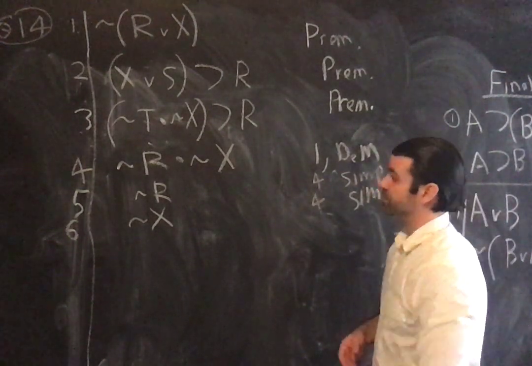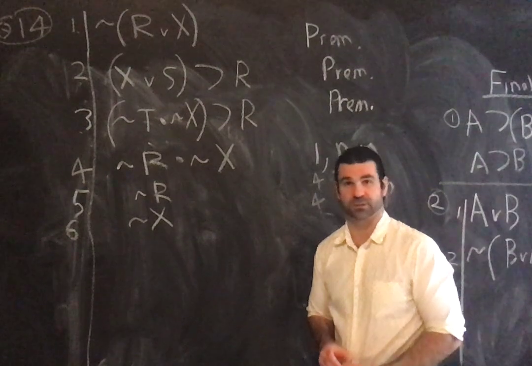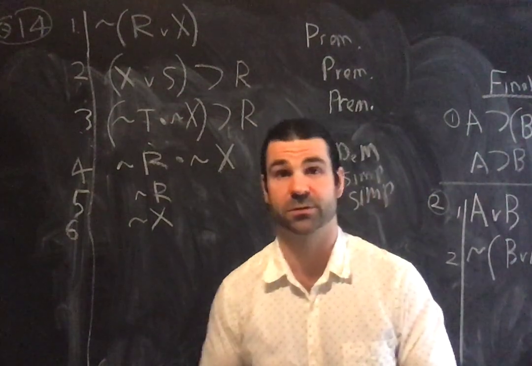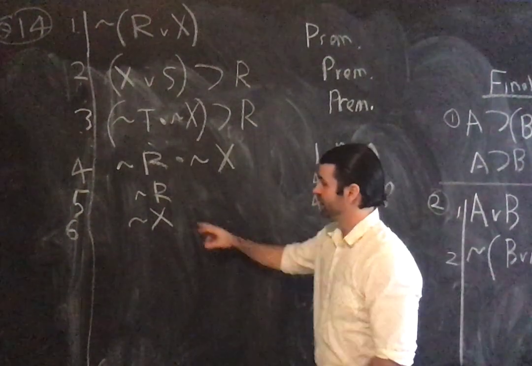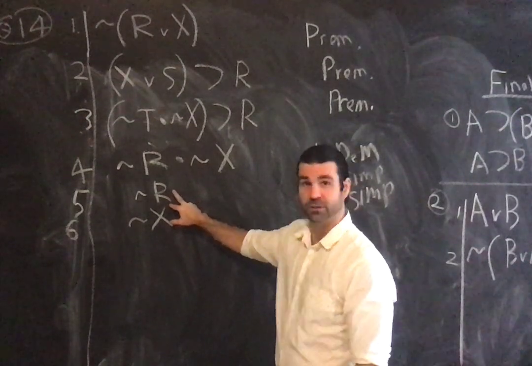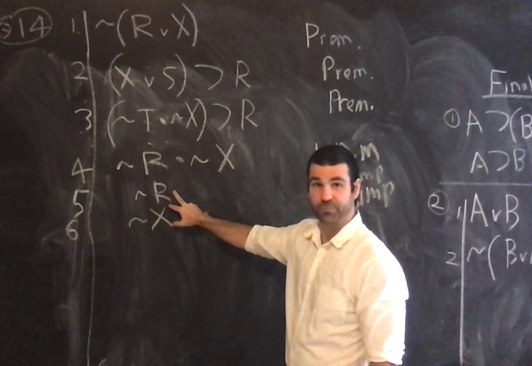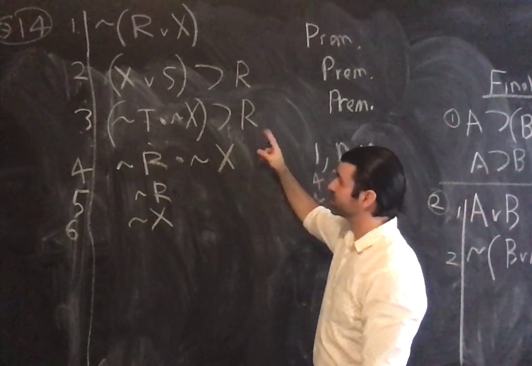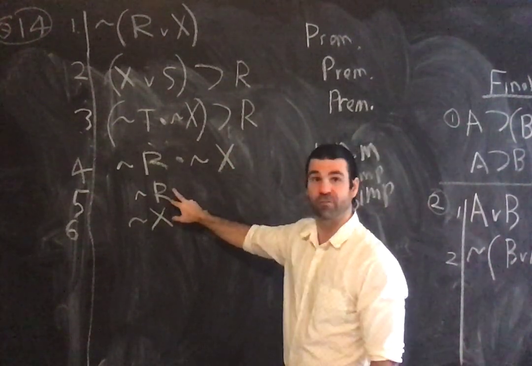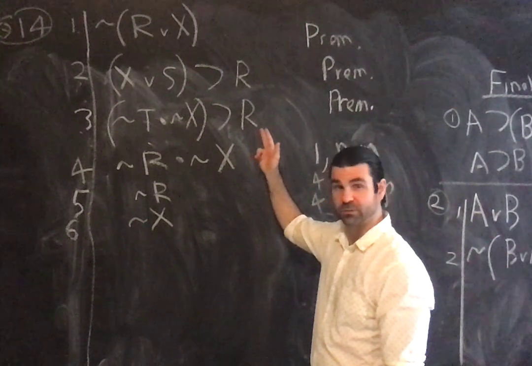All right, so one of the two tricky things that I mentioned about this one, not very tricky at all, it's just, you've got not R. Not R is going to be very useful. Notice that this is the negation of both of your conditionals.